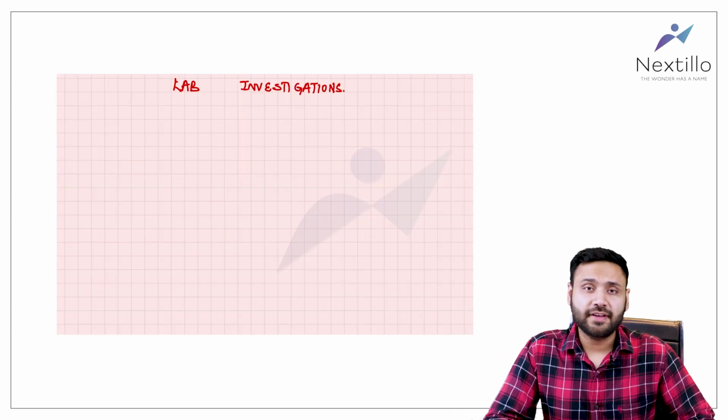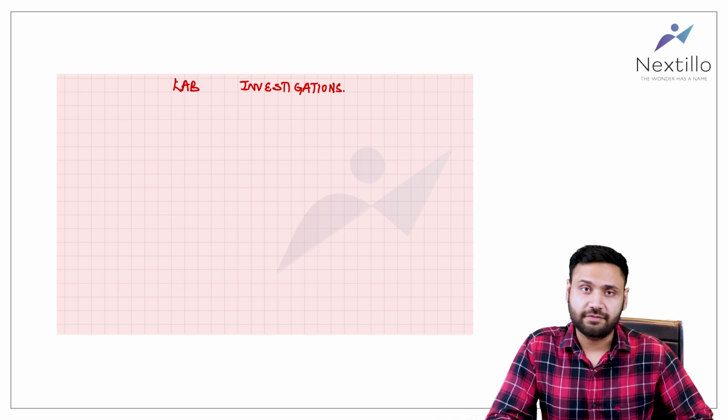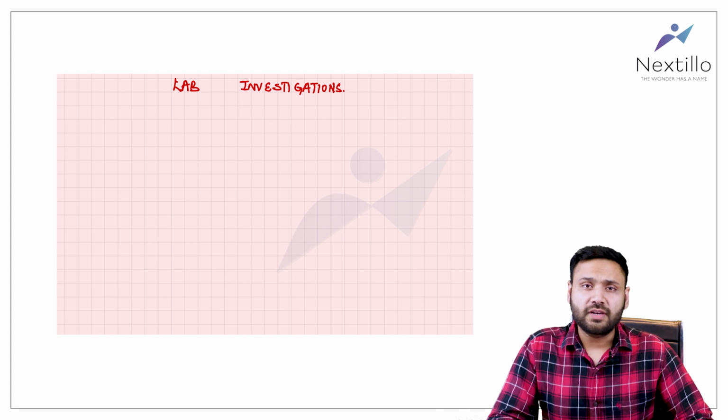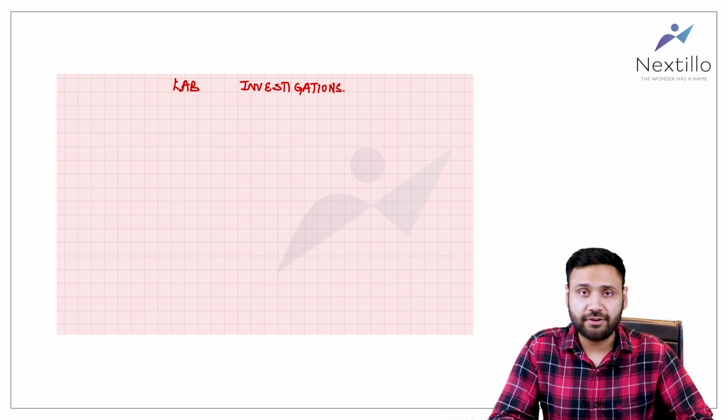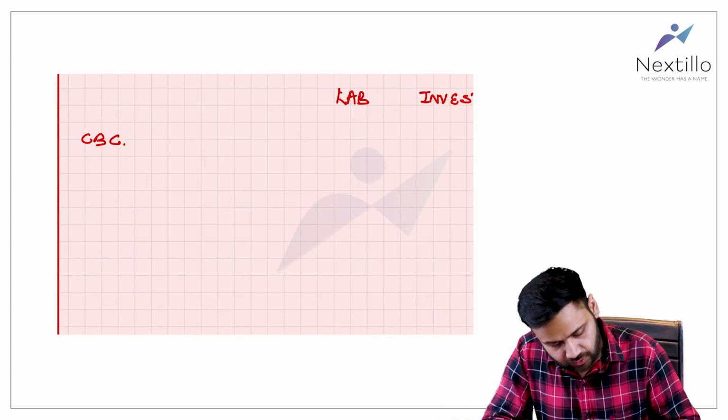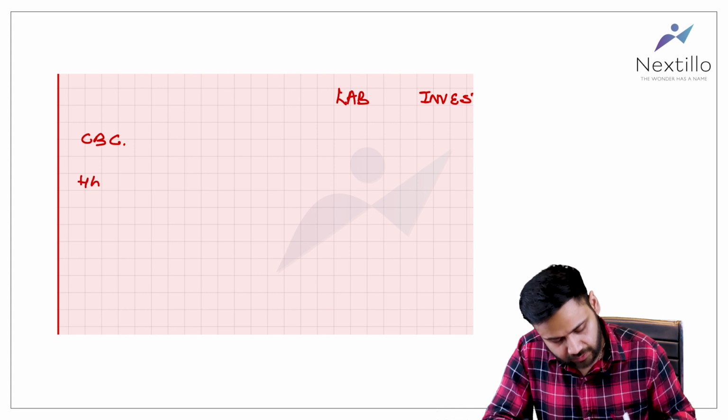So we are going to discuss three lab investigations. The first one is CBC, the second one is LFT, and the last one is the RFT. We'll go into a little bit of detail, not much, so it's easy for everyone to understand. Let's begin with CBC. The first value is HB.